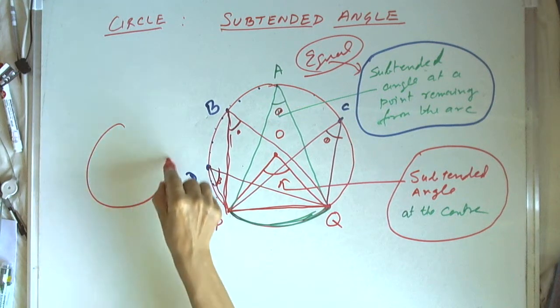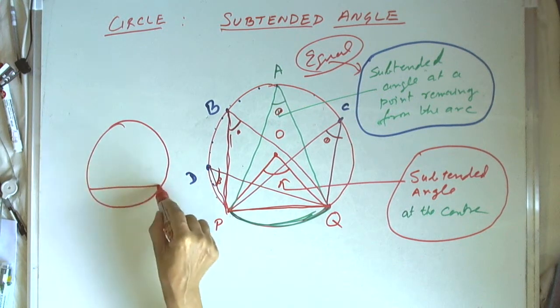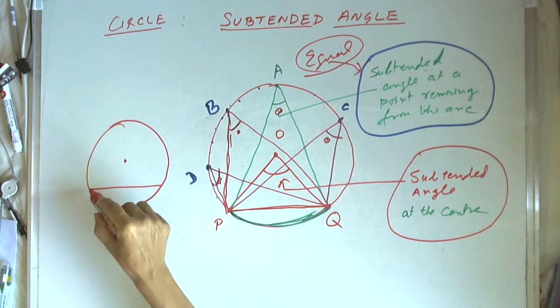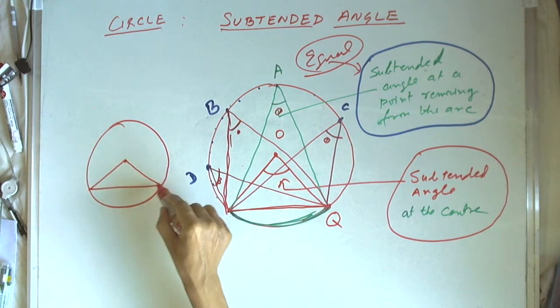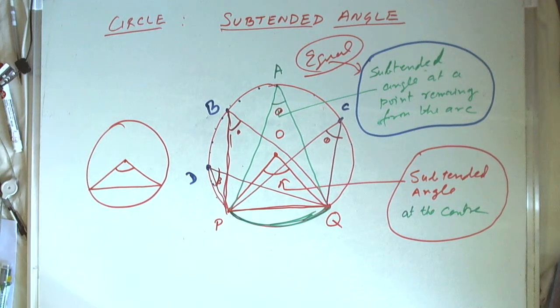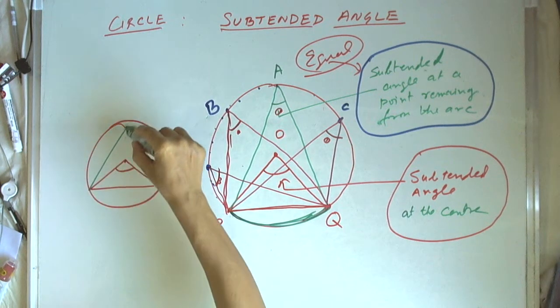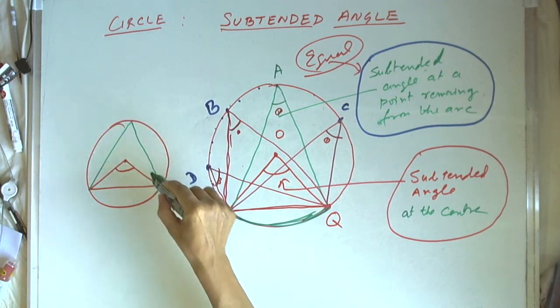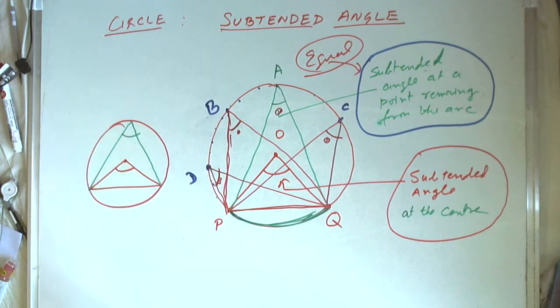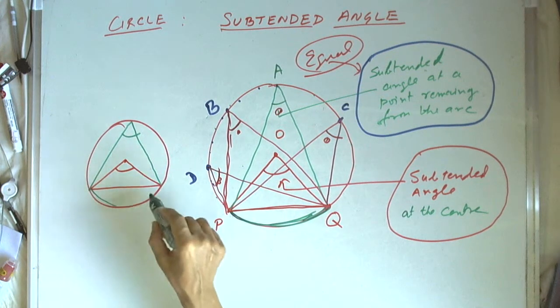So here is another circle. So if we say this, and this is one angle which is at the center, and then there is another angle which is here, and then there could be another angle which is at the minor arc.